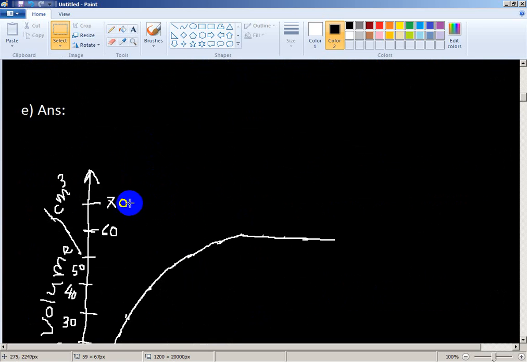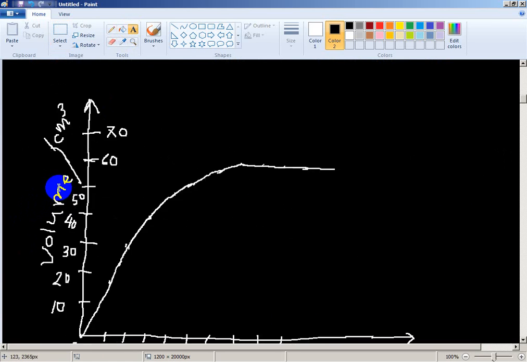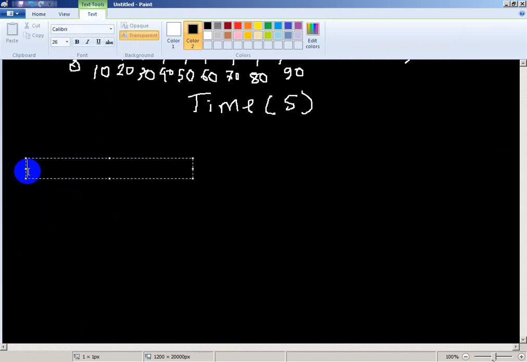How that changes the rate of the reaction. F answer.